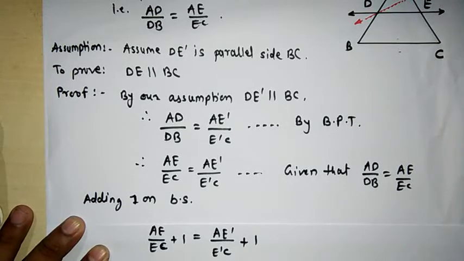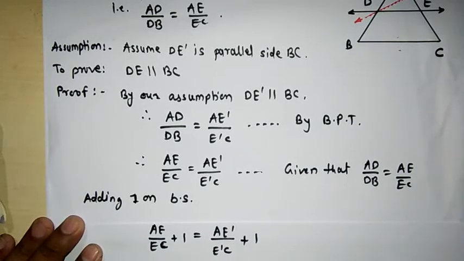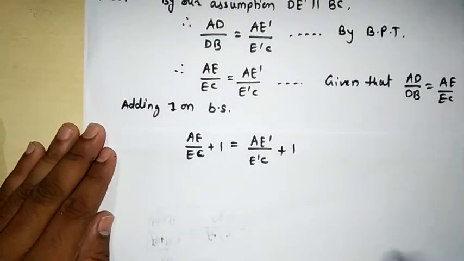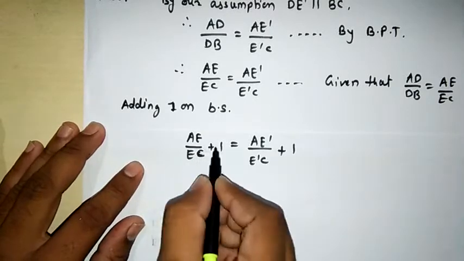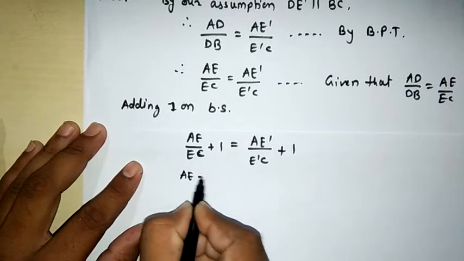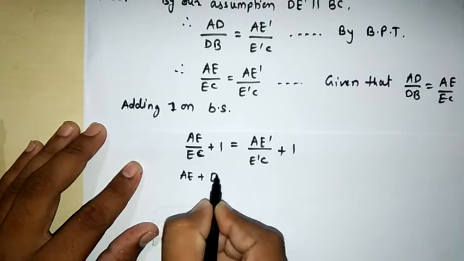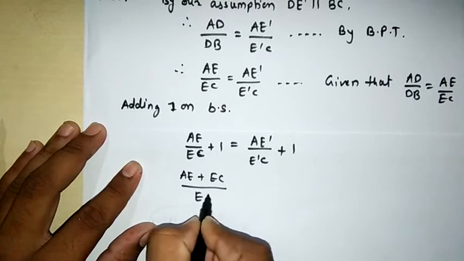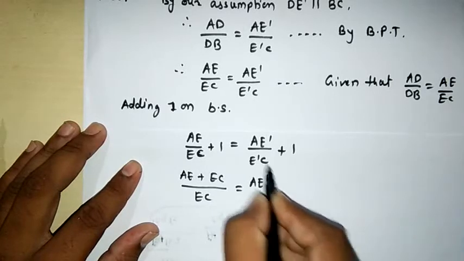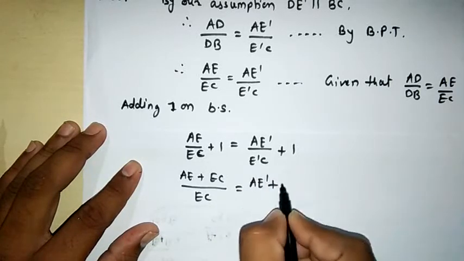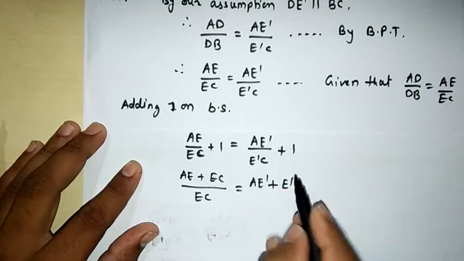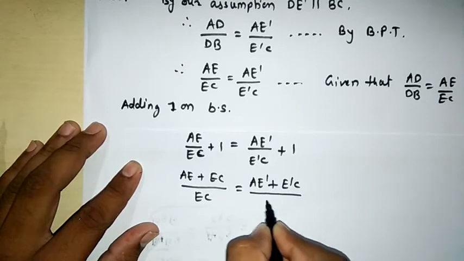Then, next step, we have to do cross multiplication here. AE plus EC into 1, that is EC divided by EC as it is, is equal to AE dash plus E dash C. Do the cross multiplication here. E dash C into 1 is E dash C divided by E dash C as it is.